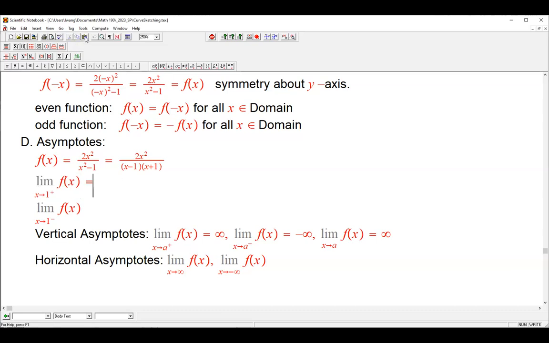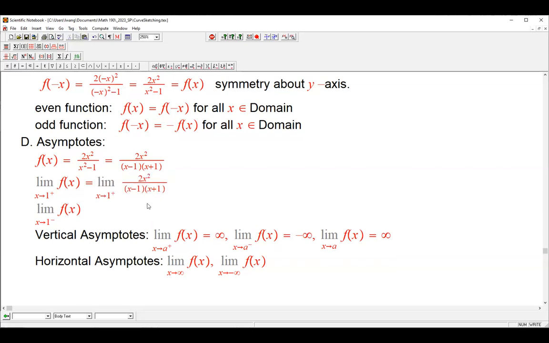Let's see how we analyze it. As x approaches 1, the numerator approaches a finite number and the denominator approaches 0. If x is larger than 1, this piece is positive and this piece is positive, so the whole thing approaches positive infinity.